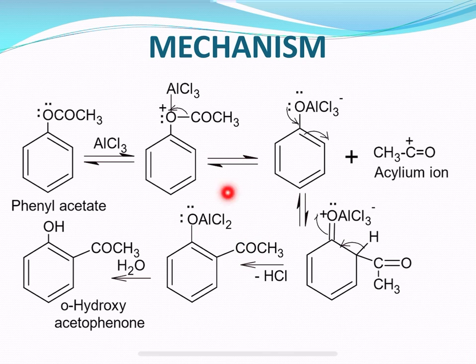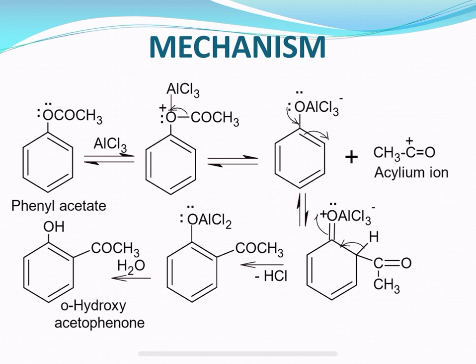So what happens to this aluminum chloride substrate which is present there? If we carry out hydrolysis, this aluminum chloride will get separated, thereby forming a hydroxyl group. And this is the final product which we are going to get, that is the orthohydroxyacetophenone.